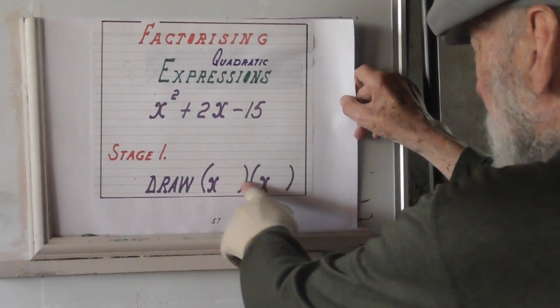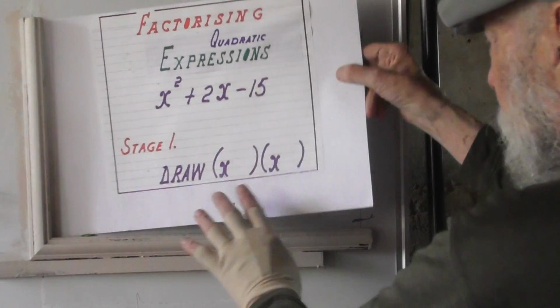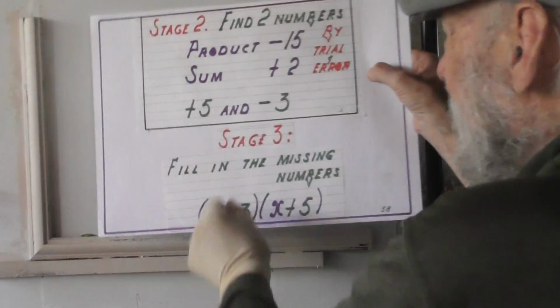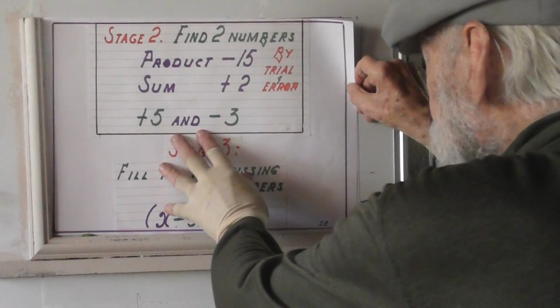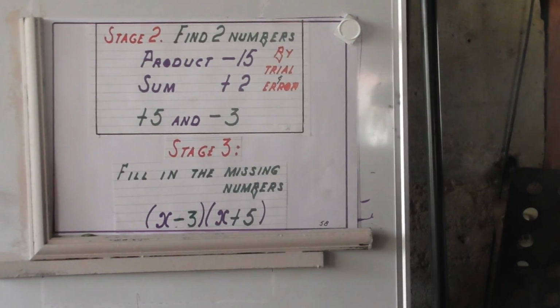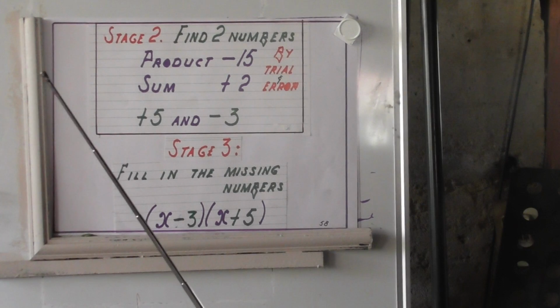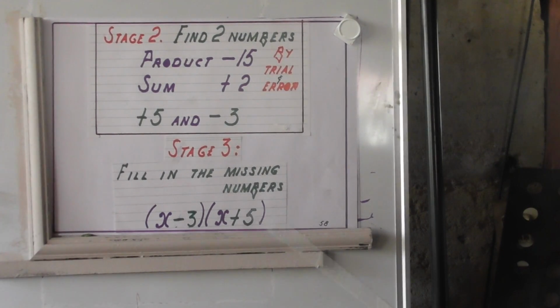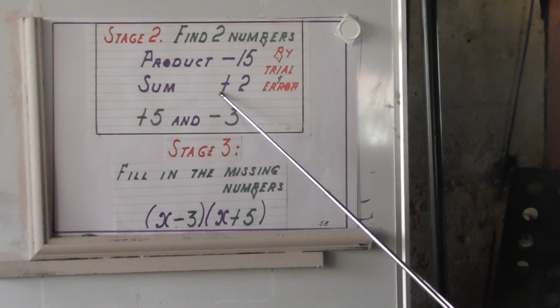And then we're going to fill in some numbers here, of course. And there is a system. We have to find two numbers that if you multiply them, you have negative 15. And if you add them, then the positives are winning by 2.